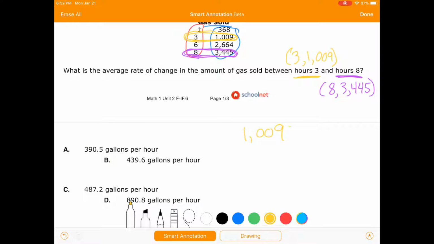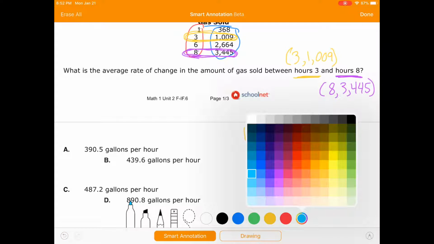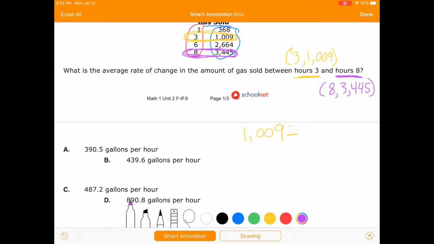Then I'm going to subtract. Then I'm going to put the Y value for hours 8. So because I chose the order, this would be our Y1, and this will be our Y2.